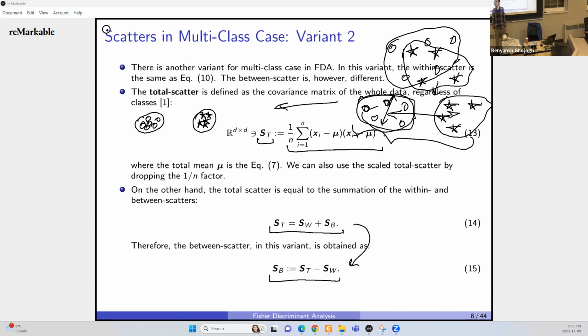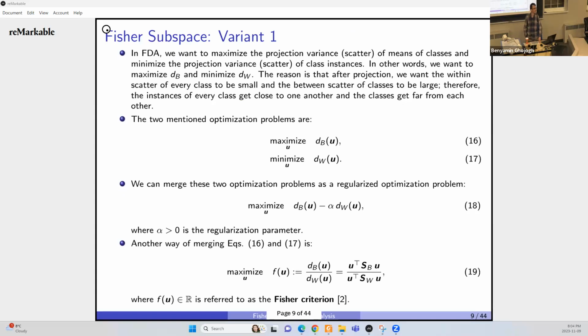It was proposed by Fisher, because Fisher was working on genetics of flowers and so on. So a lot of things have been impacted by Fisher. I think he has been very impactful; I guess at the University of Cambridge in the UK, they have put up some memorial for him. And no wonder Fisher discriminant analysis is about variances, right?